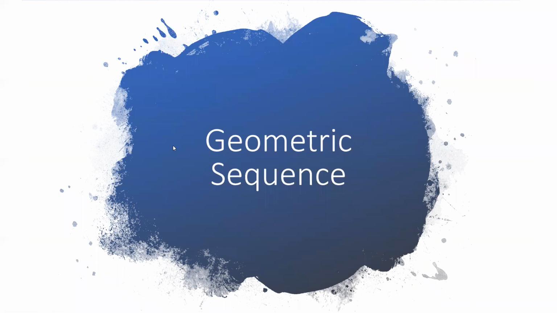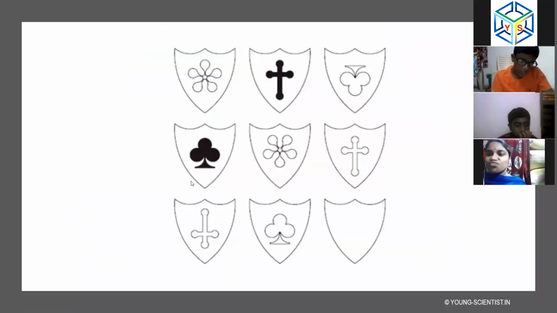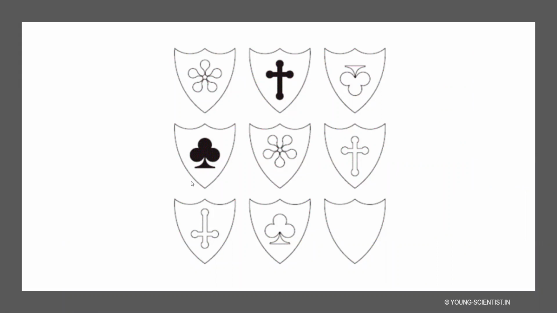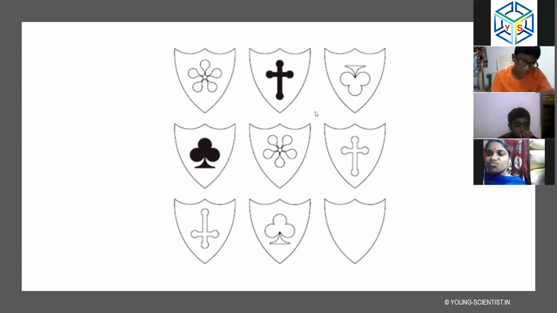You can also have pure geometric sequences, okay, without any numbers, and still have patterns. Like over here. Here we have an array of shields, and each shield has a design on it. Then you're expected to predict what the missing pattern is, the missing design.